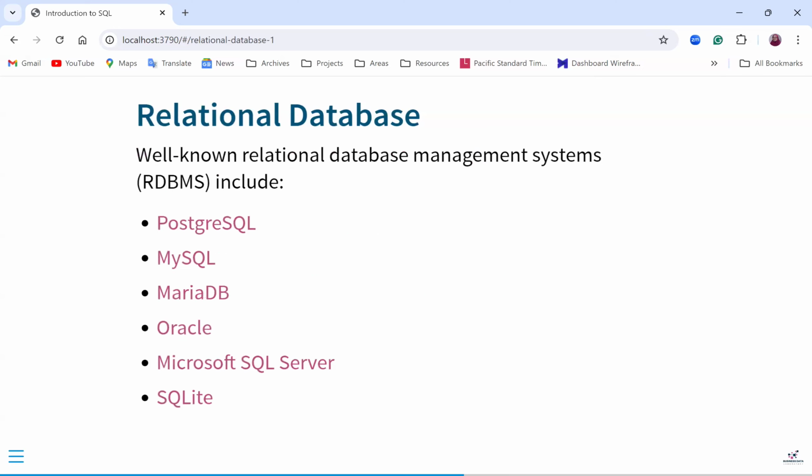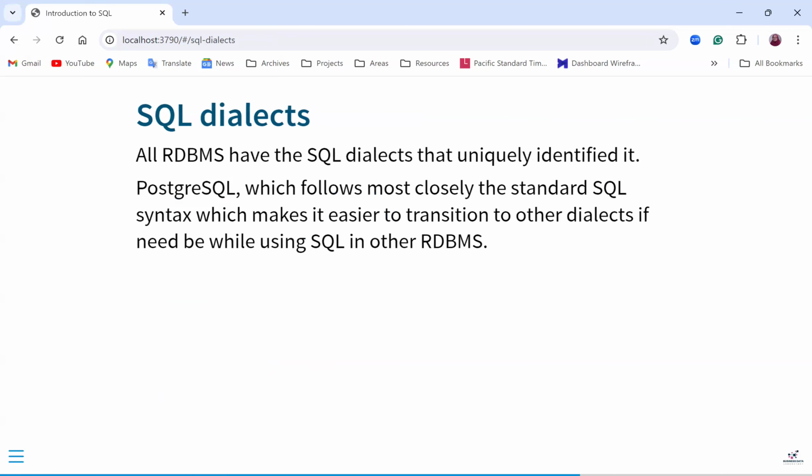We have different relational database management systems for managing our database and other artifacts within our database. Most common of these are PostgreSQL, MySQL, MariaDB, Oracle, Microsoft SQL Server, and SQLite. We have different SQL dialects.